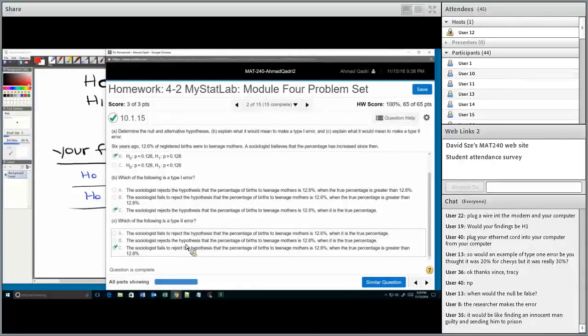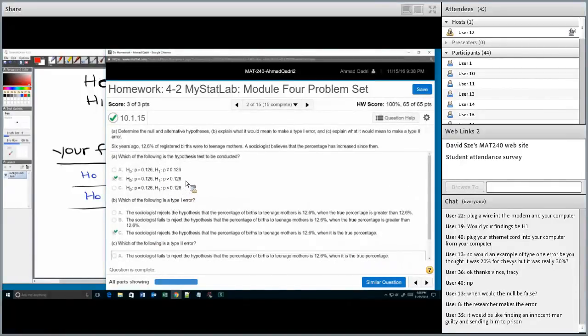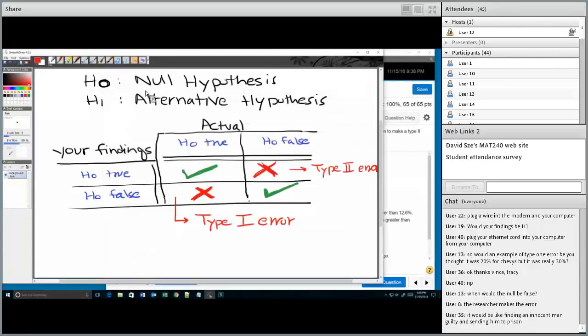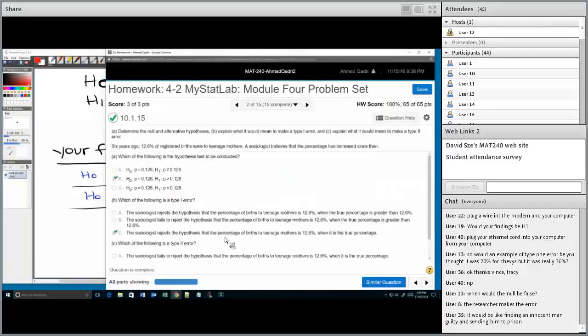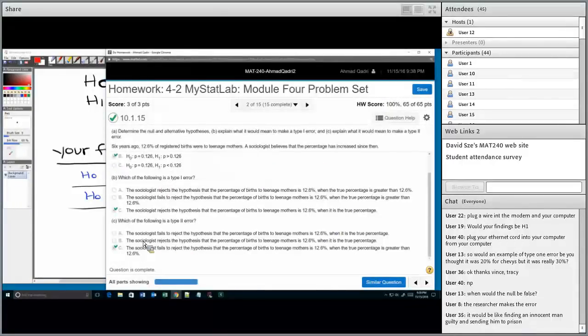So she's failing to reject the hypothesis, meaning she's essentially saying that the null hypothesis is true when the true percentage is greater than 12.6%. Because you see, if this is not true, then this is going to be true. So if in fact this is not true and this is true, but your analysis says that yep, this is true, then you've made this type 2 error. Okay, that's what that means.